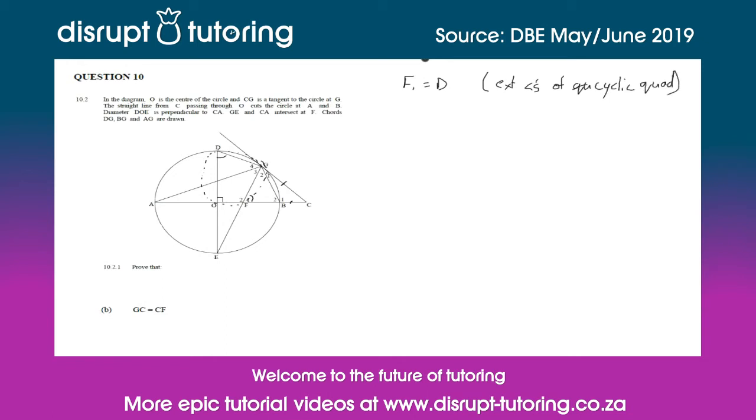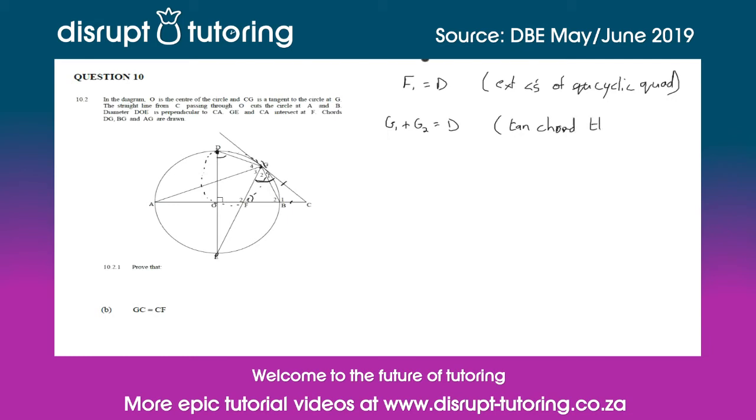Okay, and then we can also say that G1 and G2, which is this angle here, if you look at that big circle again, it is part of the tan chord theorem of the triangle DGE. So we then can conclude that G1 plus G2 will equal D, and this is the tan chord theorem.